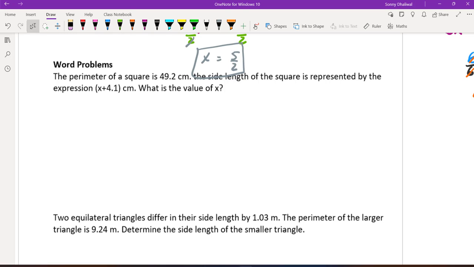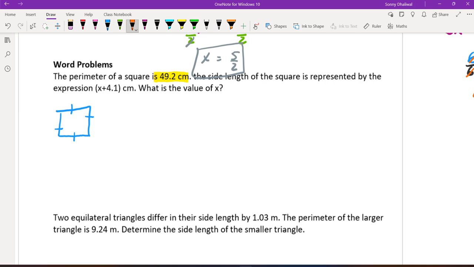All right? So it goes, the perimeter of a square is 49.2. So I'm going to draw myself a square. Remember, a square has all equal sides, right? And it's the word perimeter. Once again, remember, it's the distance all the way around.